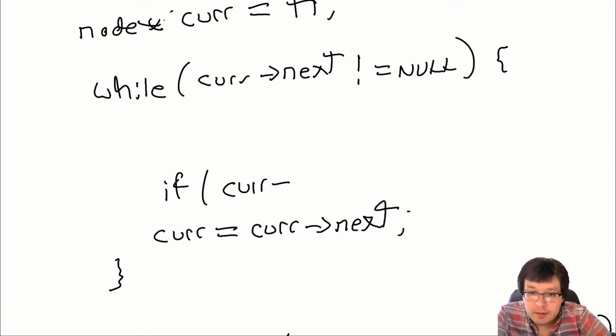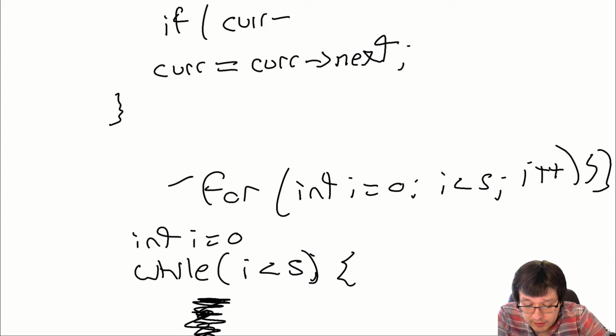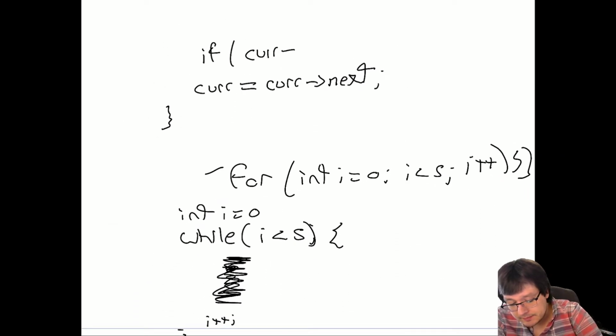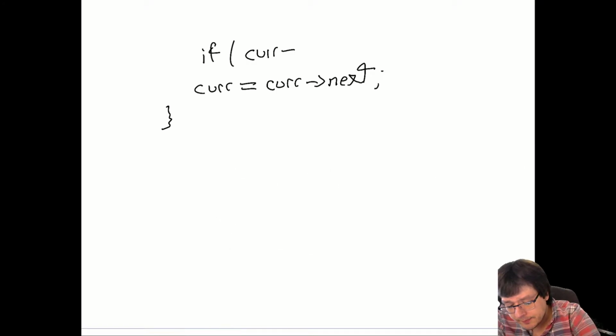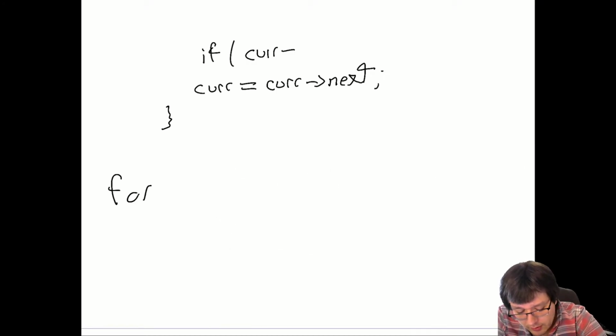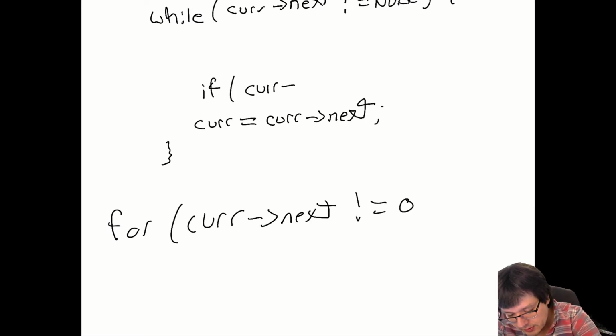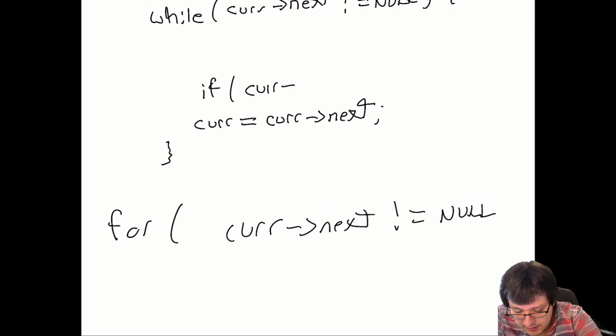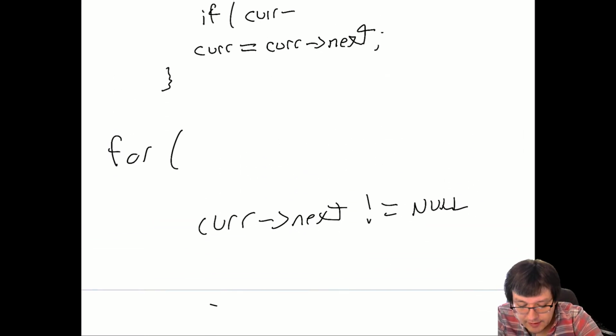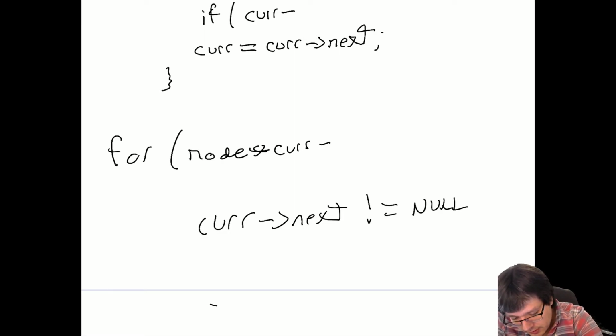Same thing here. In fact, you could technically write this like a for loop, if you really wanted to. I think it'll let you. You could do something like for, and then put your condition like cur next not equal to 0, or not equal to null. Sorry. It actually would work, but I prefer null. And then that first part, the int I equal to 0, we could do something like node cur equal to head.